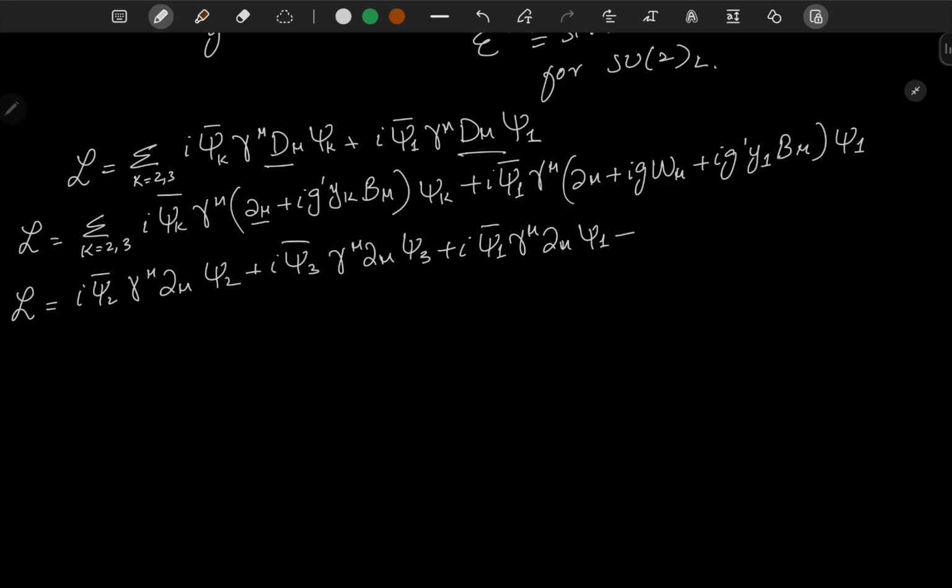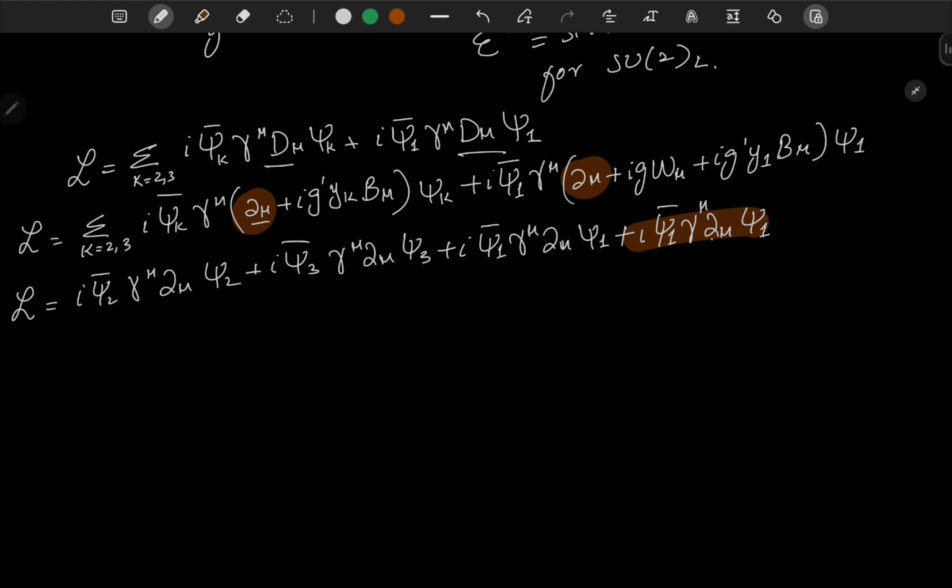So two terms with d mu for k equal to 2 and k equal to 3, and then this term from here.